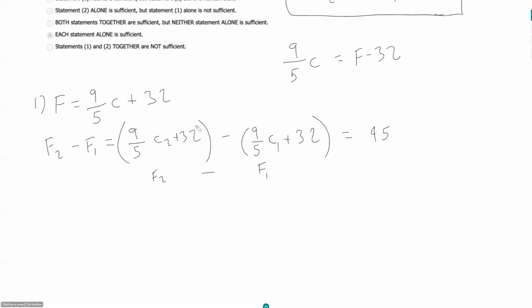It looks like the 32 will cancel out. And so we are left with 9/5 C2 minus 9/5 C1 is equal to 45. We can factor out this 9/5.